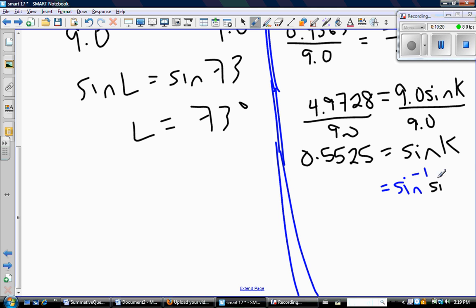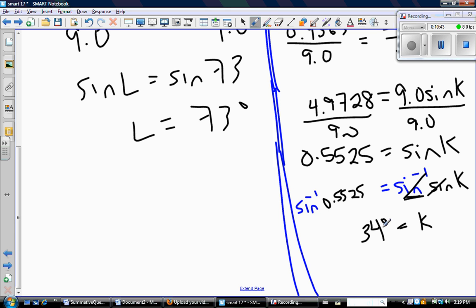And if I do inverse sine over here, I have to do inverse sine on the other side of the equation. And that's just a button on your calculator that will let you finish the question. So here I'm left with k. And when I do inverse sine on that value, I get basically 34 degrees.